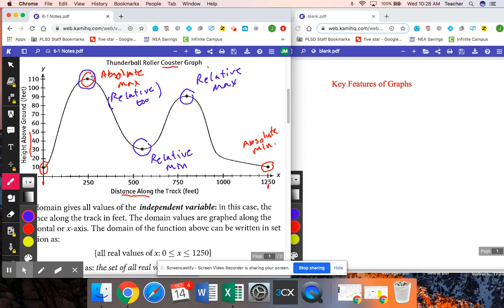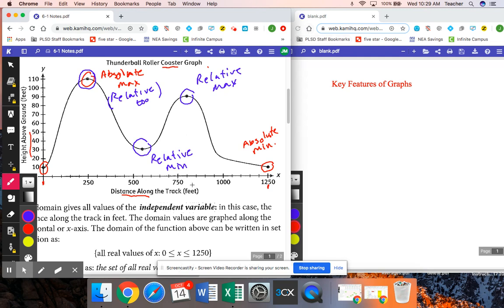When it starts changing direction, there is a maximum or a minimum depending on where it is. So this is a relative max, that's a relative min. This is an absolute minimum, but there is no changing of going up or down, so it is not a relative minimum. Same thing here. So that's one big key, relative minimum versus absolute minimum.